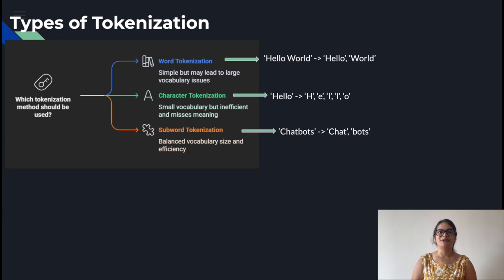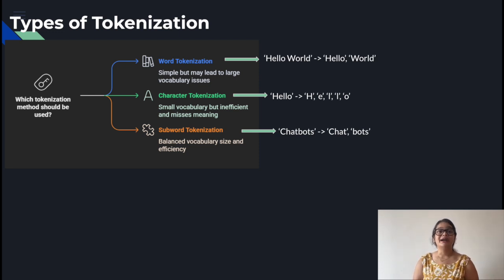Second, character tokenization. Break the text into individual characters. So hello now becomes H, E, L, L, O. This solves the out of vocabulary problem because you only need 26 letters plus some punctuation. But now every word becomes many tokens. That's inefficient.